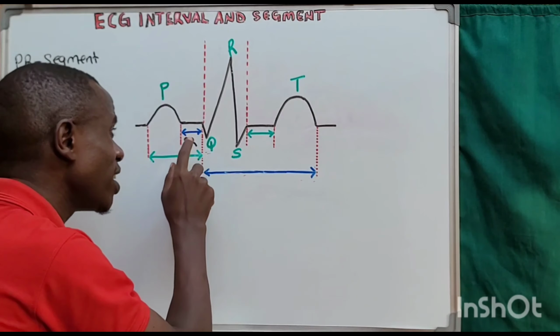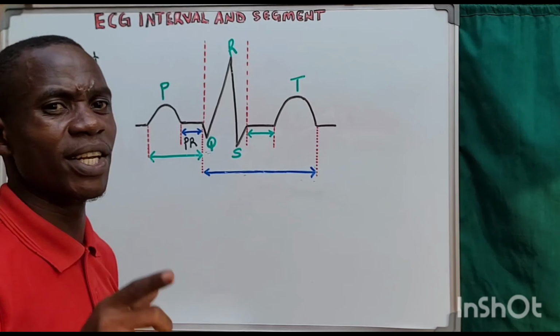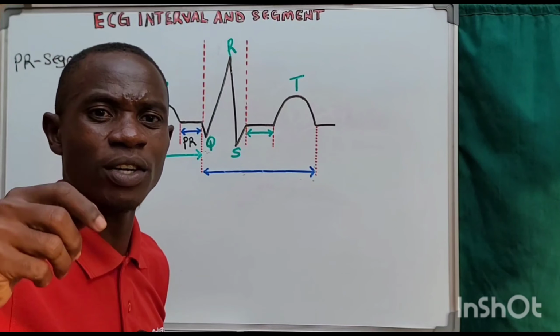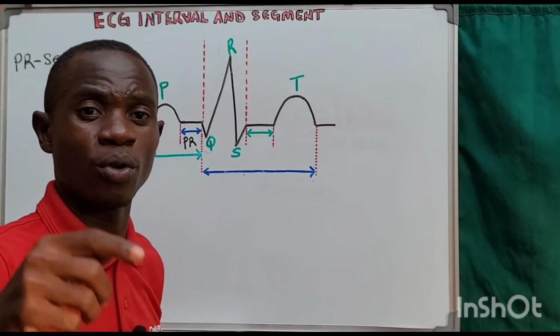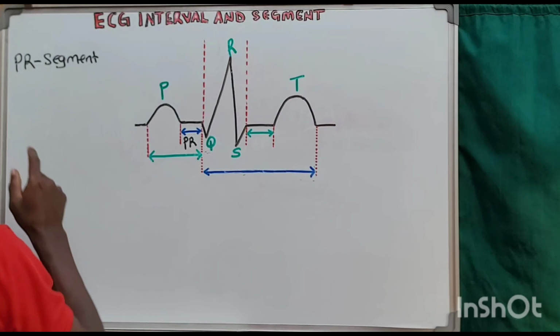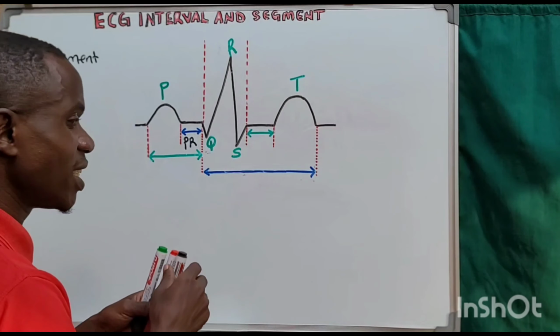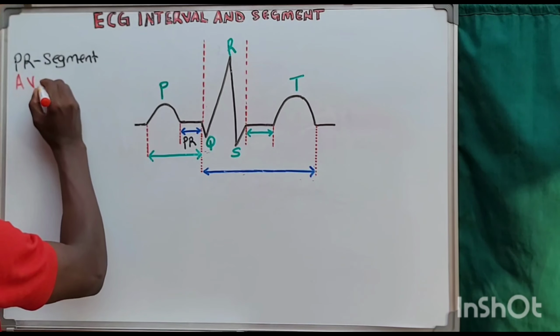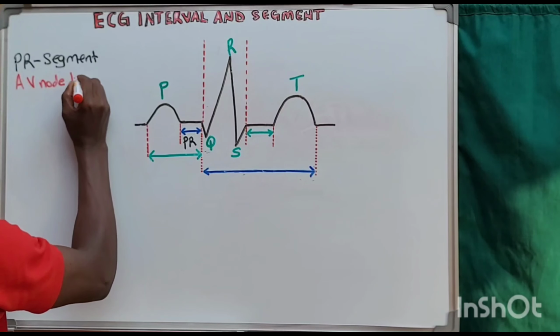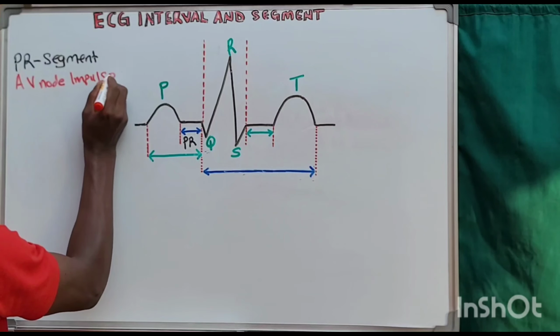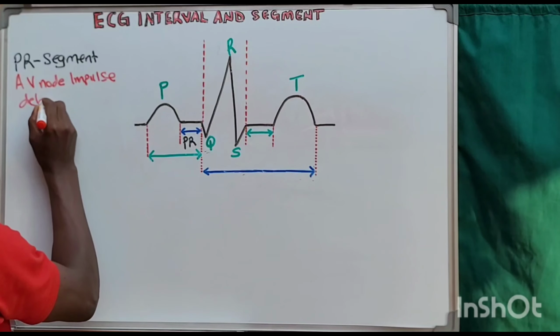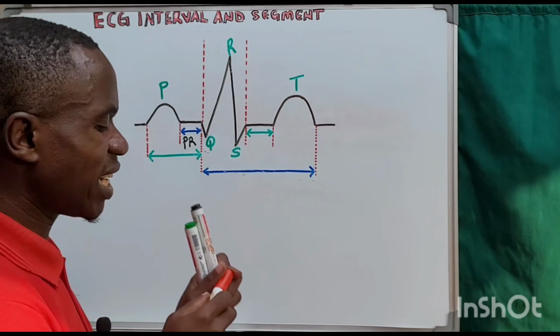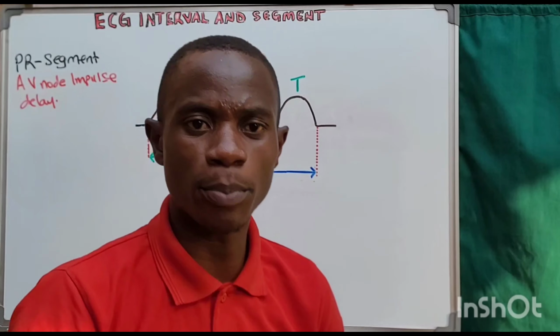This isoelectric line is what we call the PR segment, denoting that there is a delay of the action potential by the atrioventricular node. So this PR segment represents the atrioventricular node impulse delay. Okay, that's what the PR segment represents.